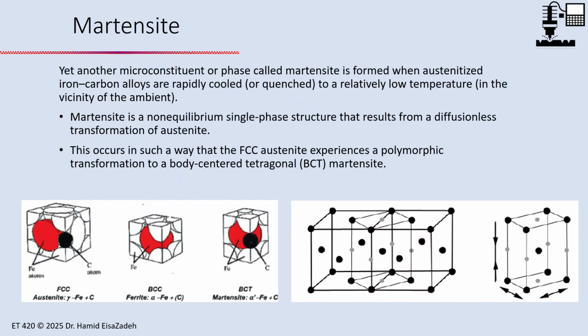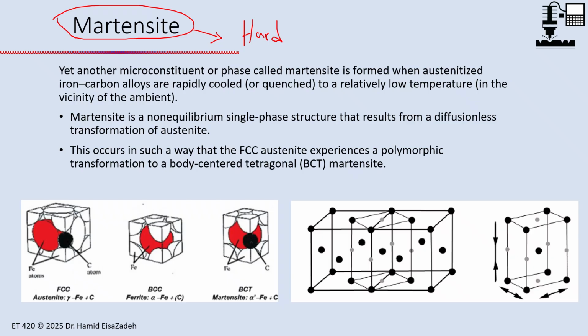The next phase that we didn't mention before is called martensite, and it exists in steel. That is the main reason we have hard steel, because we have martensite. It's a very hard phase. But how can we get martensite?